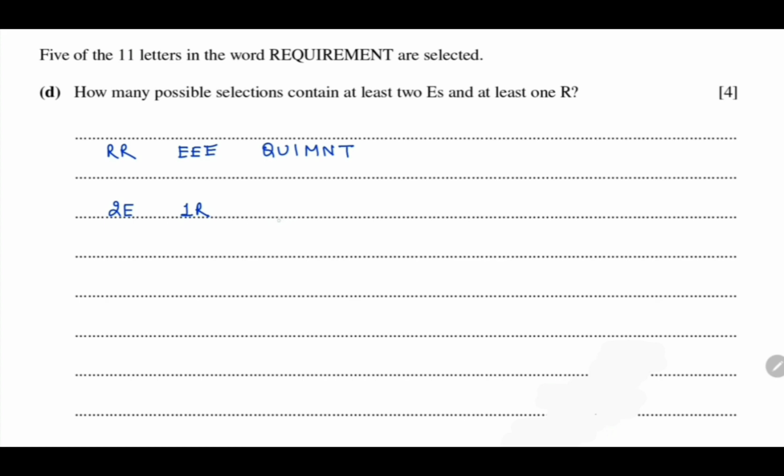So 2 plus 1, 3 already selected, so I have to select 2 from the remaining. These are the remaining letters.